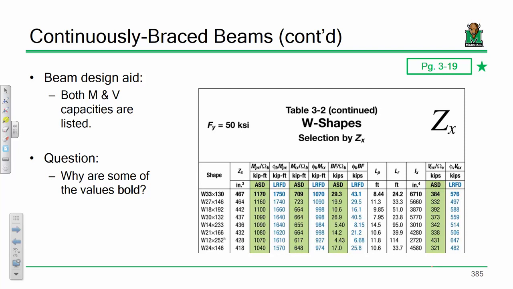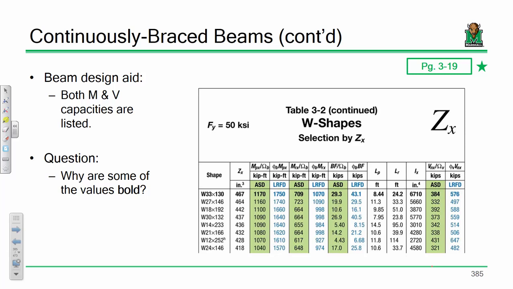They're bolded. Now, here's the thing. Why is the top row bolded in those groups? It's the lightest. Take a look at this group here on the slide. Of all of these sections, what can you tell me about the W33 by 130? It's the lightest out of this whole group. Okay?